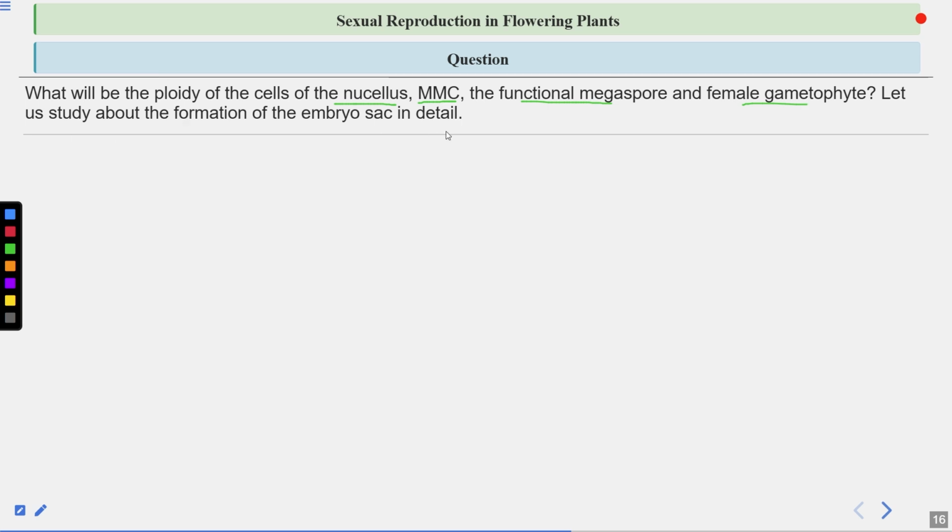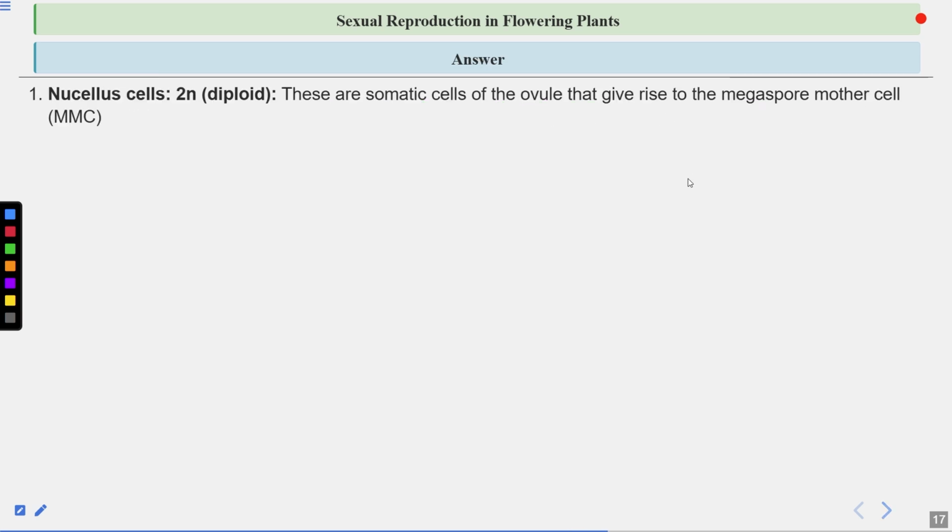So let us study about the formation of embryo sac in detail. Okay, we will do this, but before that, let us solve this question. So if we talk about nucellus, then nucellus is diploid. 2N, it is diploid. These are the somatic cells of the ovule that give rise to the megaspore mother cell.